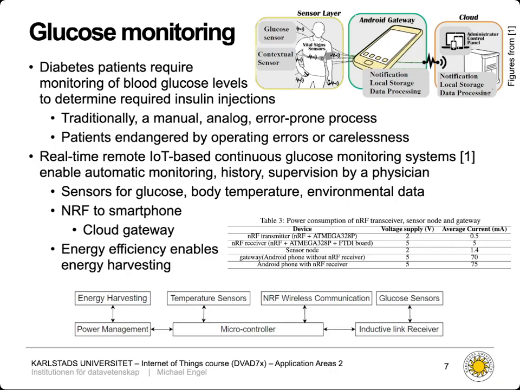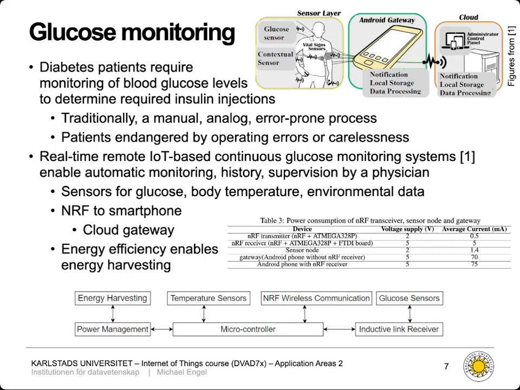And this glucose monitoring device that's shown on the top right-hand side here is monitoring all these parameters, and it has a connection to a smartphone. This can be a Bluetooth or an RF connection here. And the smartphone, again, has a cloud gateway, for example, to store all your health data or to just forward it to your doctor.